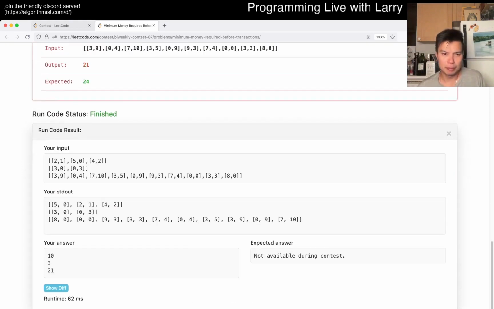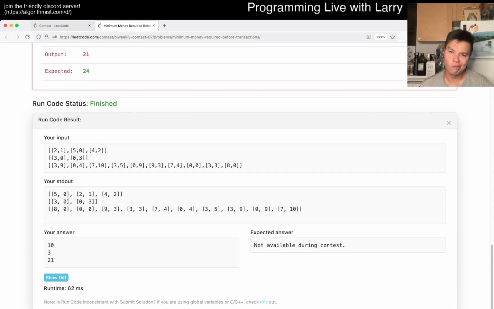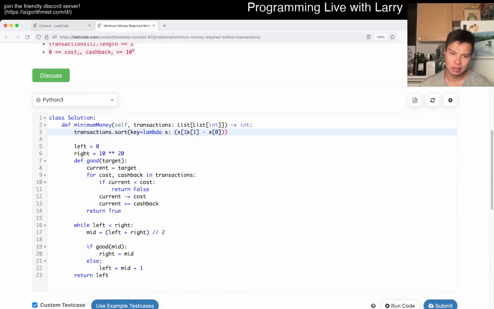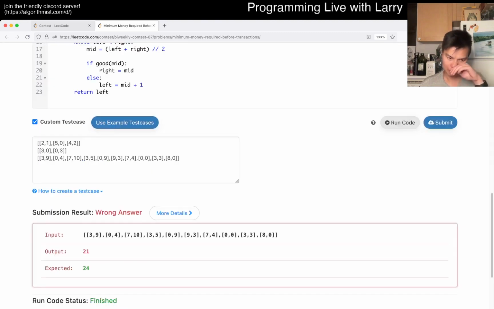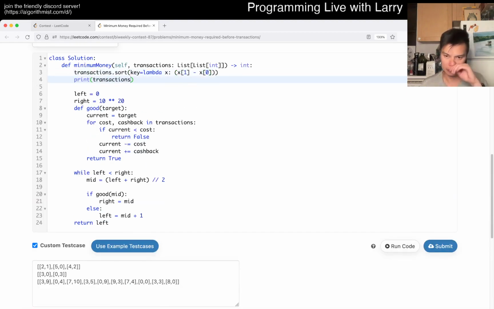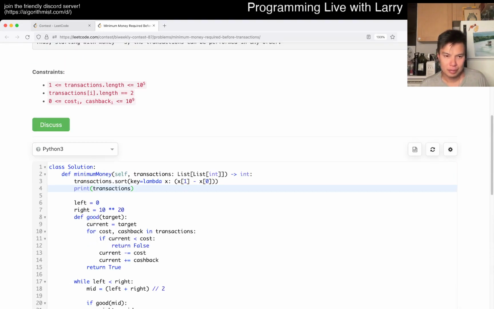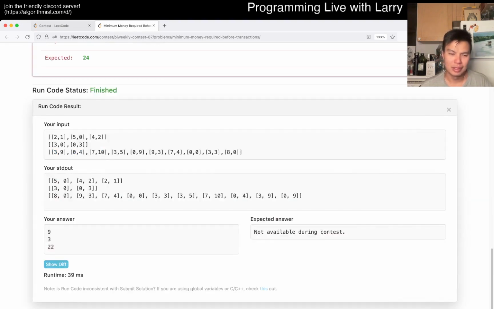But 21 clearly, if we sort by cash back, why? Unless you do binary search on all three and then just greedy, but now that doesn't make sense. There's some local things. Huh.